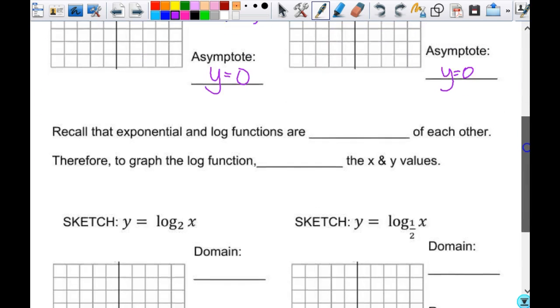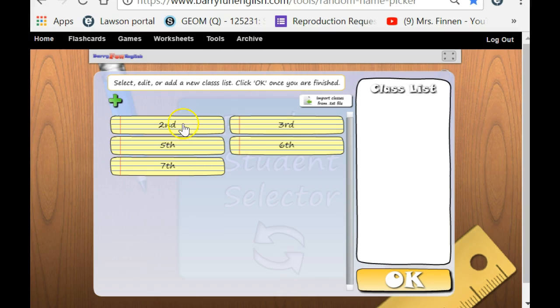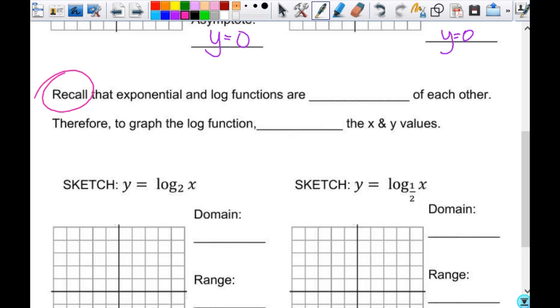Whew. All right, so recall, and this is recall, right? Recall means we already know this. Exponential and log functions are what of each other? How are they related to each other?